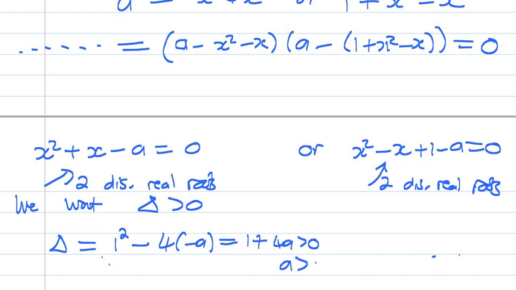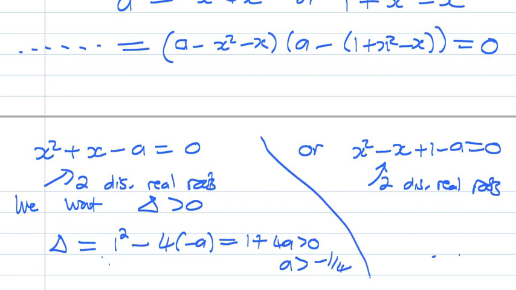Who can do the maths? So for the first one, if the roots are real and different, that means the discriminant must be positive. So b squared minus 4ac must be positive. So that means 1 plus 4a is positive. So a must be bigger than what number? Yeah, quite right. Minus a quarter.